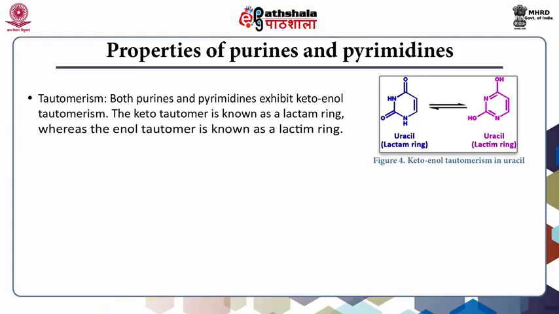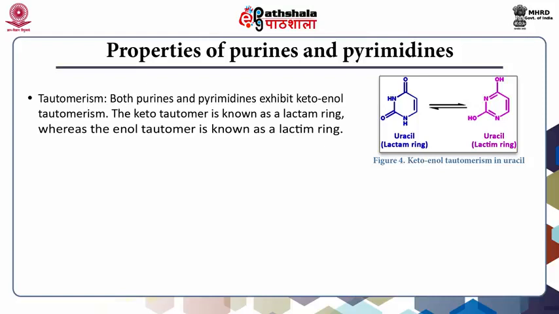At neutral pH, the keto tautomer remains the more predominant. Upon interaction with other molecules, ring nitrogen in the lactam serves as donor of hydrogen bond, and the keto oxygen behaves as hydrogen bond acceptor.